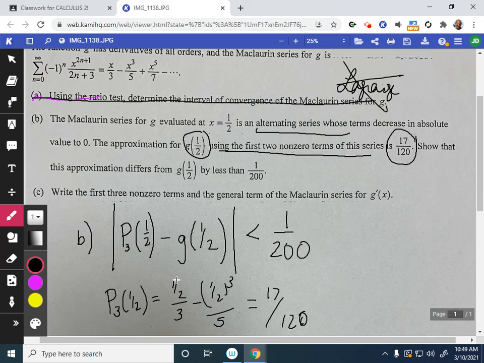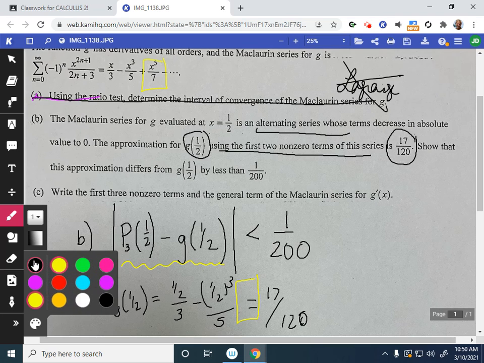So they're saying this approximation of these first two terms, which turned out to be a third degree polynomial, is 17 over 120. Let's show that the difference between that polynomial's estimate and the actual value of g of 1/2 is less than 1 over 200. So to find this error, I'm going to use the next term, evaluated at 1/2.